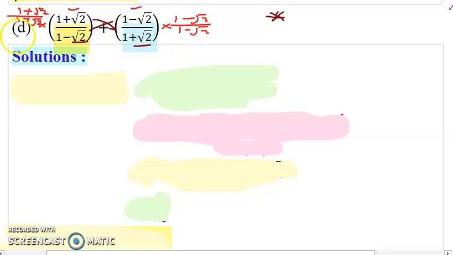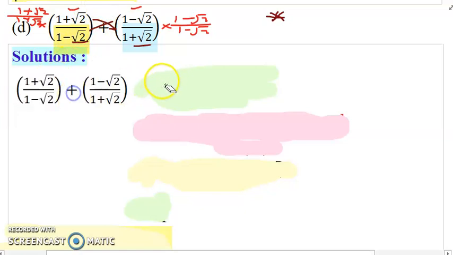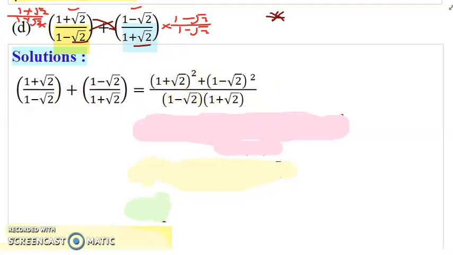But once again, since coincidentally in this case the denominators of both of these happen to be conjugate to each other, therefore we just do cross multiply to have the result as follows.